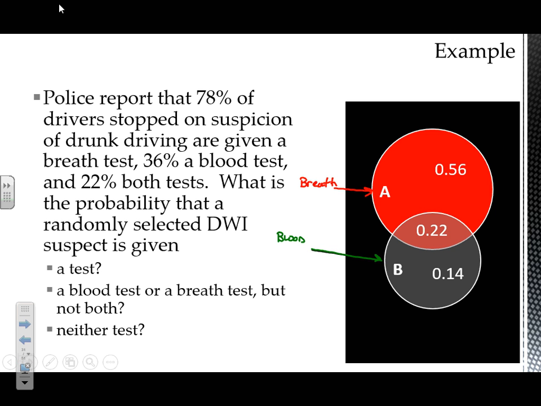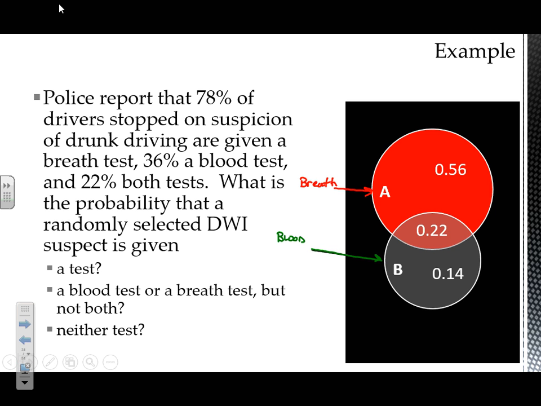Now, we have event A, event B, and their overlap all accounted for. What's the only thing we haven't accounted for? The overall sample space. So we have here the probability that they get a test, but does this add up to 100% if I take 56 plus 22 plus 14? What does that add up to? 92%, right?